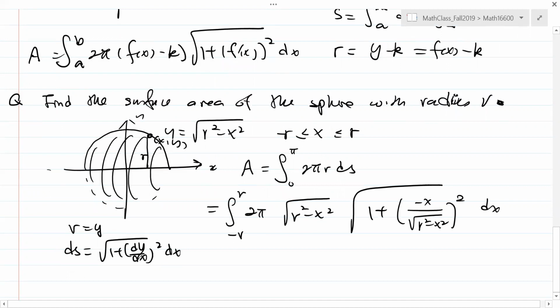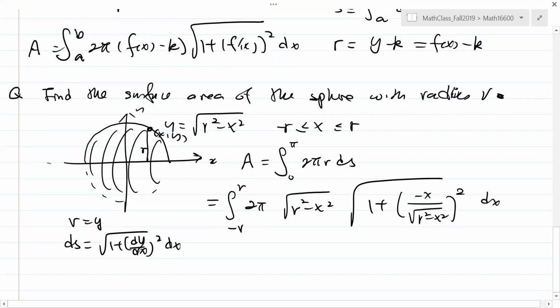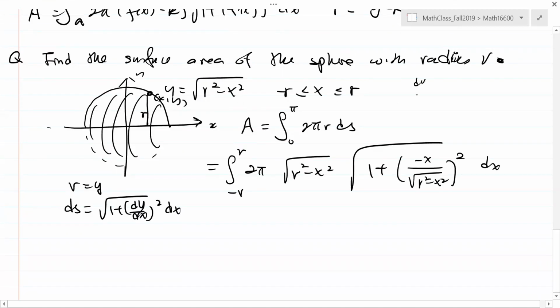So we find the derivative. The derivative of y with respect to x is going to be negative x over the square root of r squared minus x squared. All right, so let's simplify it.